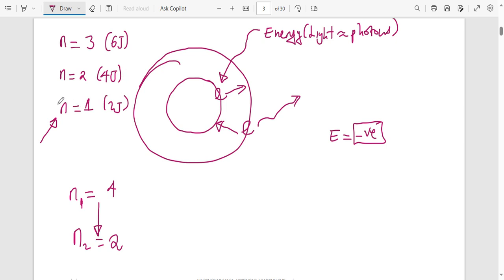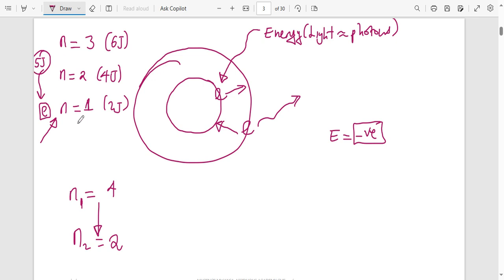So, meaning if this electron which is in the first energy level, you give it 5 joules of energy. Anyone to guess, if I give it 5 joules of energy, where do you think it is going to be? Anyone? So we have got an electron in the first energy level.